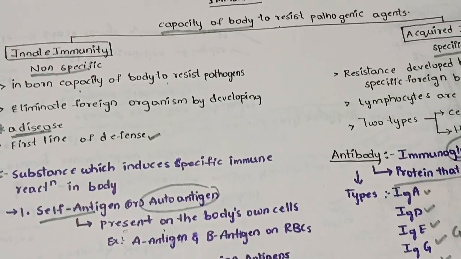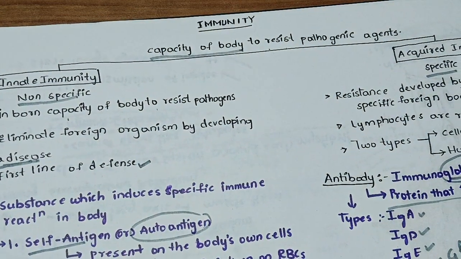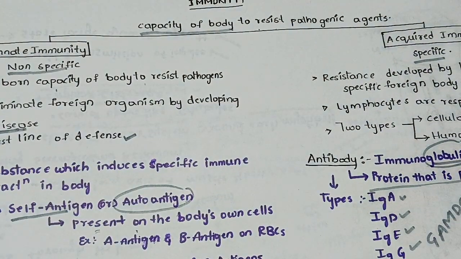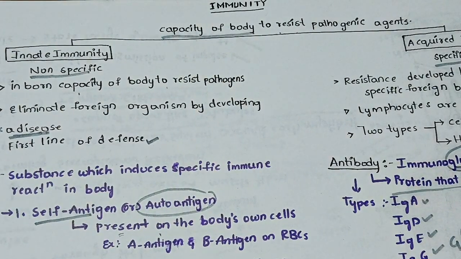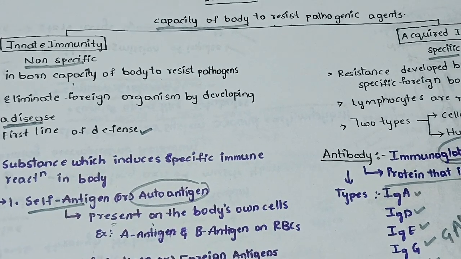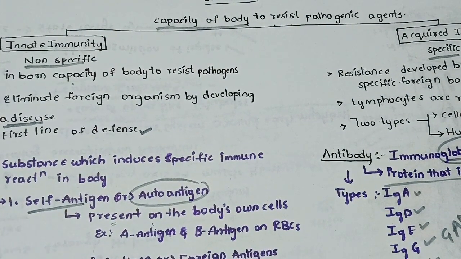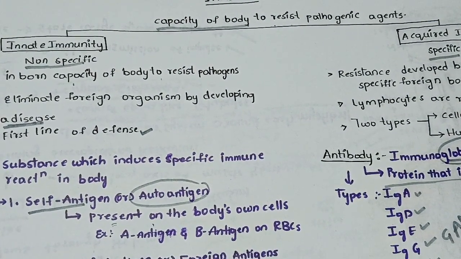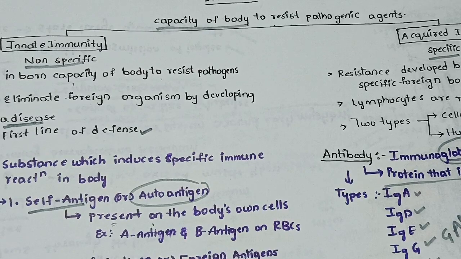So, what is immunity? As I said, it is a capability, a capacity of the body to resist pathogenic agents. It is divided into innate immunity and acquired immunity. Innate immunity is non-specific and present from birth, whereas acquired is very specific, developed by the body against specific foreign bodies.